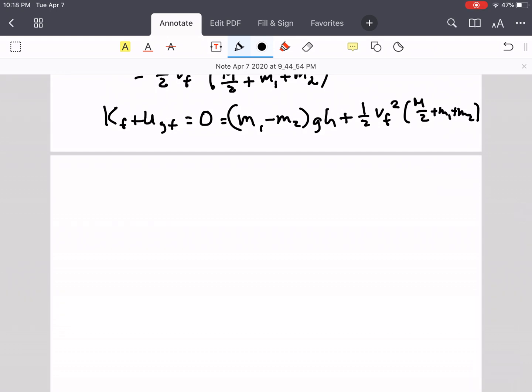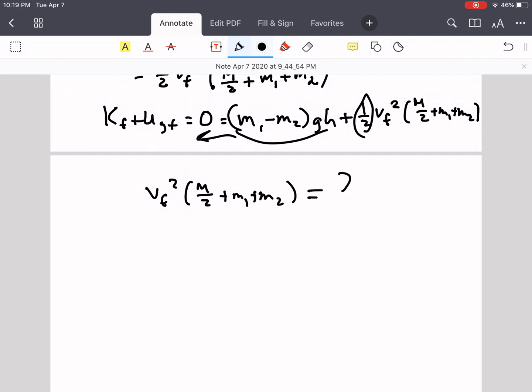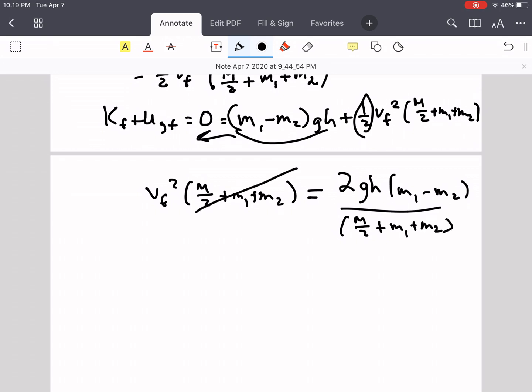I'll bring the m1 gh over to the other side and multiply both sides by 2, so v final squared times big M over 2 plus little m1 plus little m2 is equal to 2gh times m1 minus m2. Divide both sides by M over 2 plus m1 plus m2, and take the square root of both sides. Then v final is equal to the square root of 2gh times m1 minus m2 over M over 2 plus m1 plus m2.